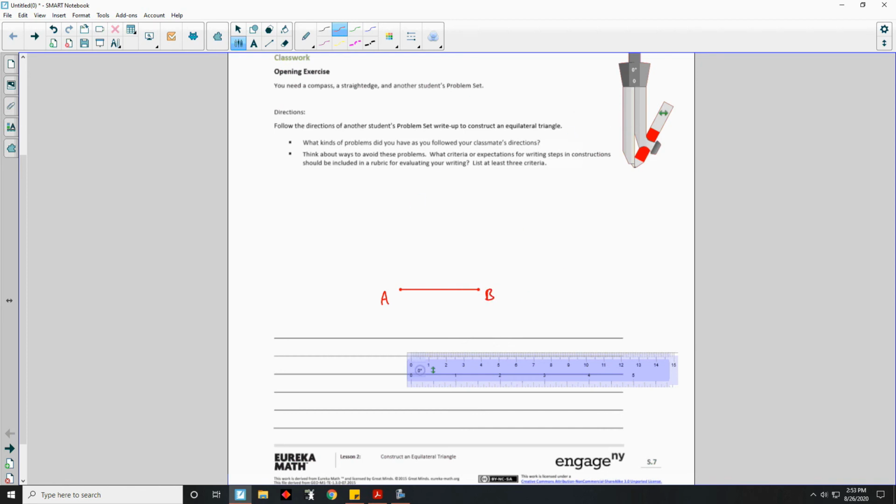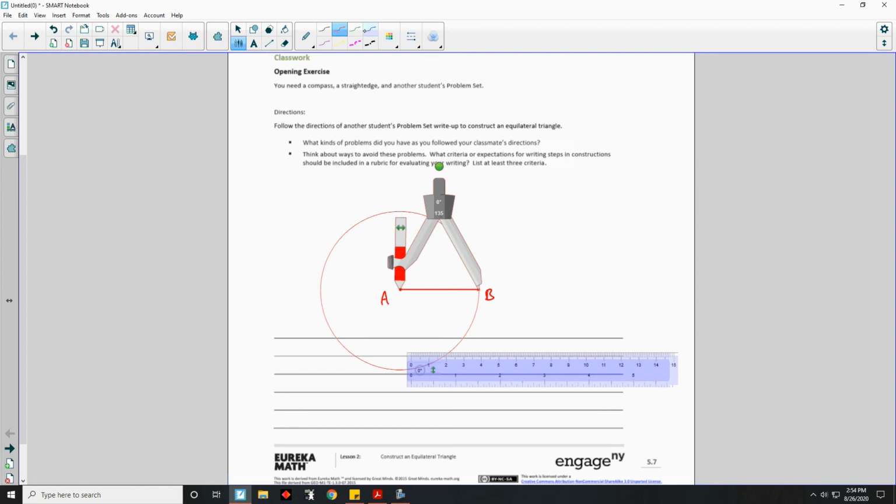And then I'm going to take my compass and put the point on A and open this up to B and create a circle. Alrighty. So then I'm going to move my point over to B, like so.